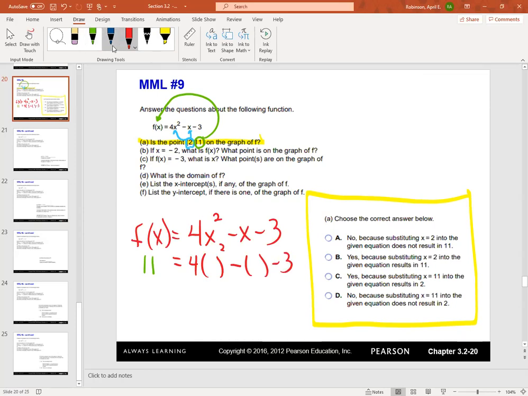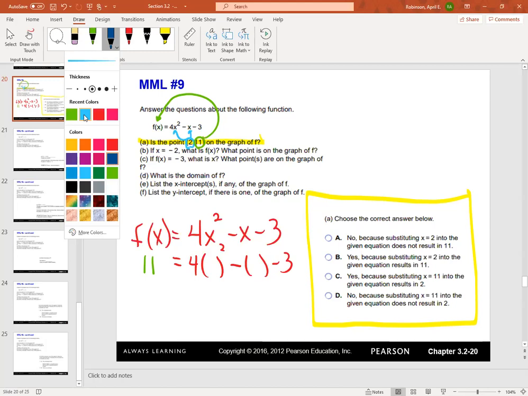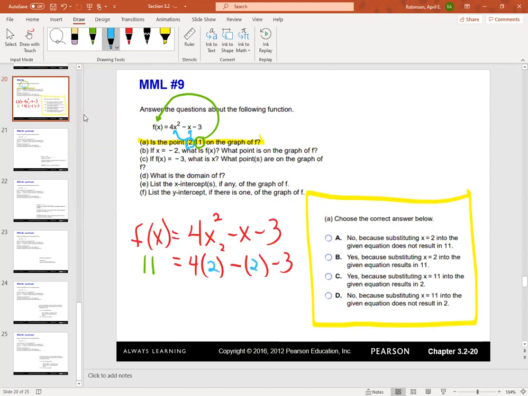And then over here, I'm going to plug and chug the 2. And now I have to figure out, does the left side equal the right side? So let's see, 2 squared is 4, 4 times 4 is 16, 16 minus 2 is 14, 14 minus 3 is 11. 11 equals 11. So what are my choices?